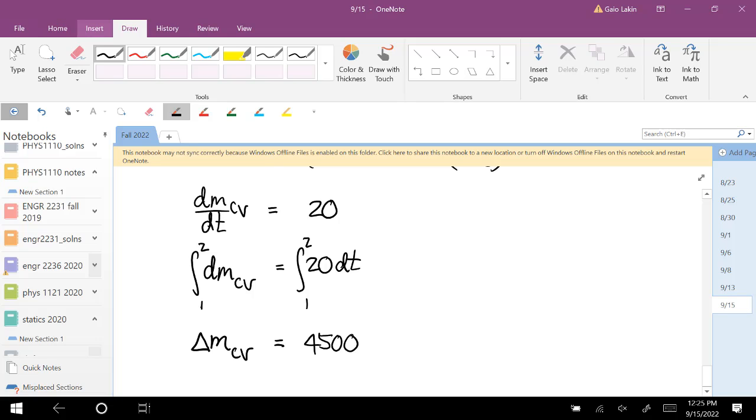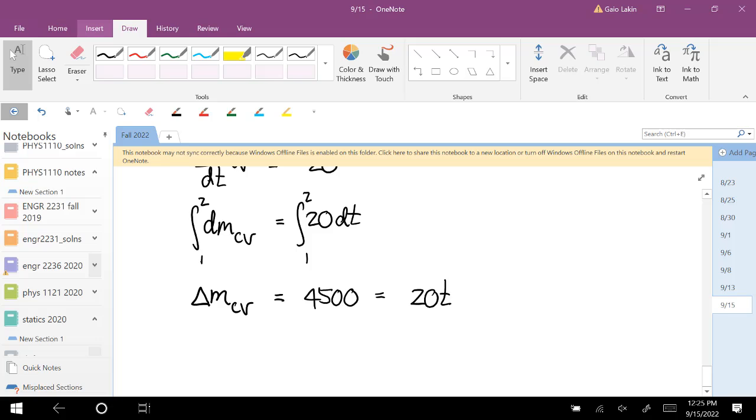That was the change in mass that we're looking for. And that's equal to 20t, or 20 times the change in time. So what's that? t equals 225, I think, seconds. So about 4 minutes.